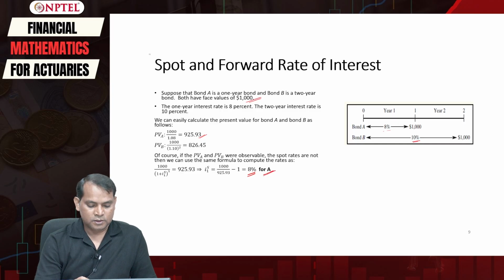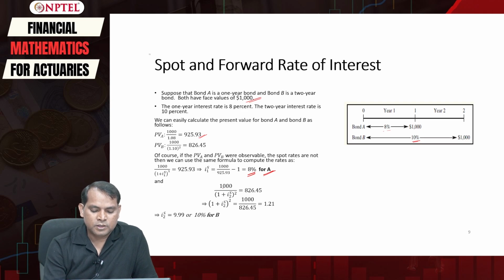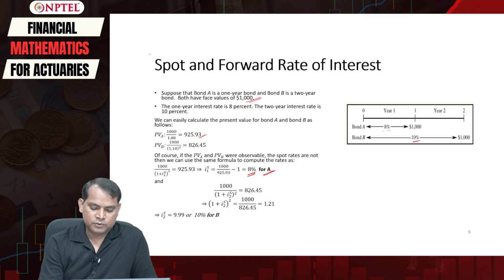In the same way we can compute it for B also. In case of B, it will be 1000 divided by 1 plus I2S to the power 2 is equal to 826.45.